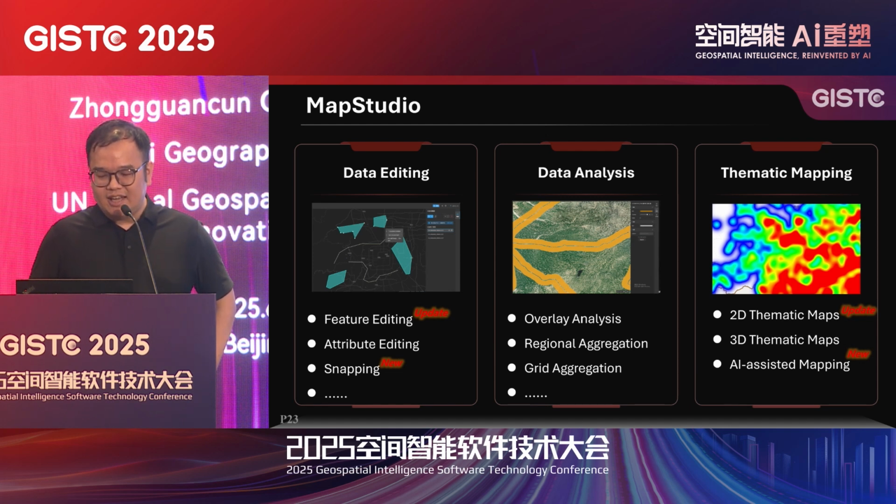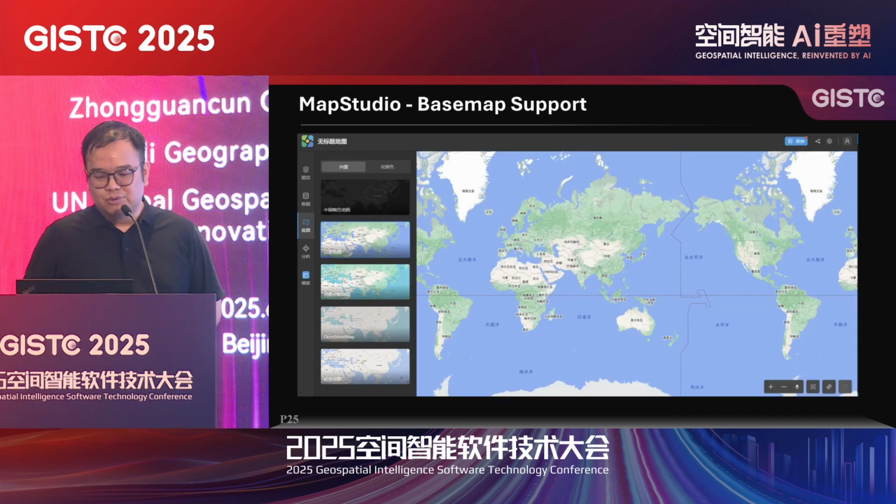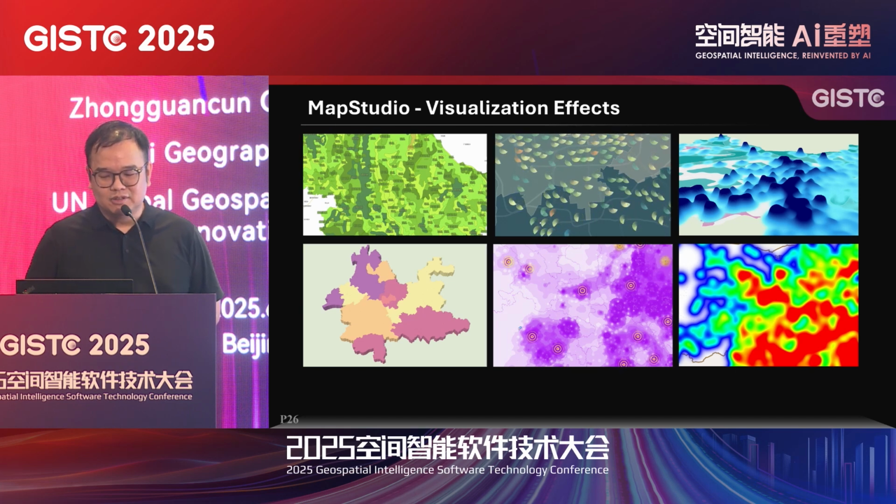We recently added AI-assisted mapping, which allows you to make maps with human natural language. We provide a number of built-in layer templates for different types of data, with all kinds of visualization options. We support multiple base maps, including OpenStreetMap, Google Map, and Bing Map. For map layer style, we support many 2D, 3D, and animated visualization effects. Some of them look really nice.